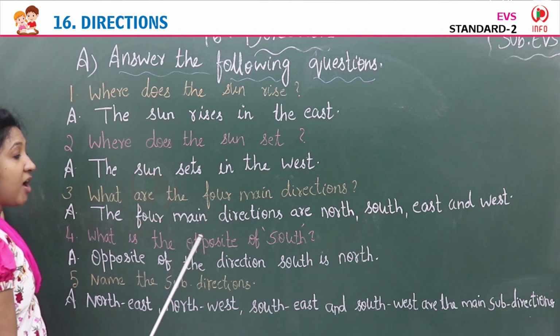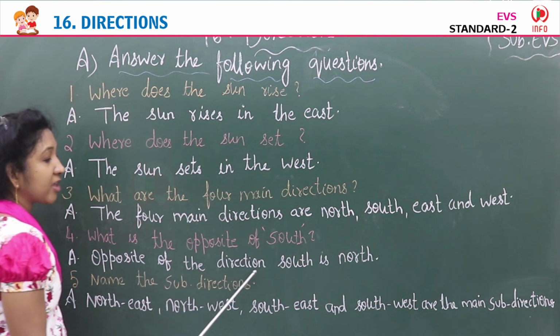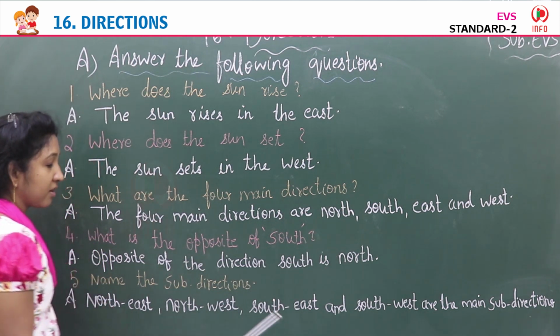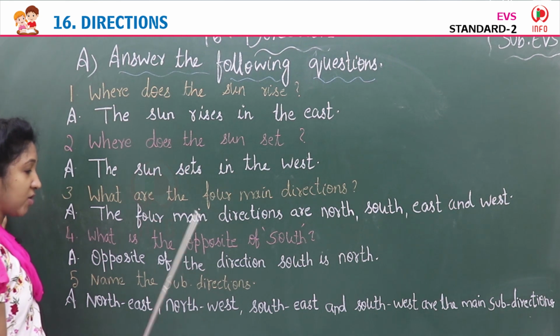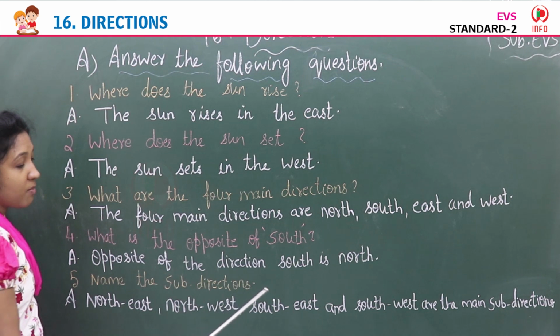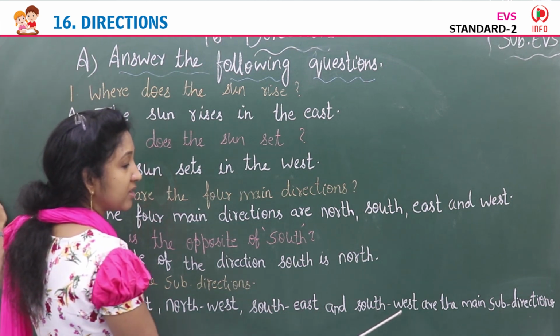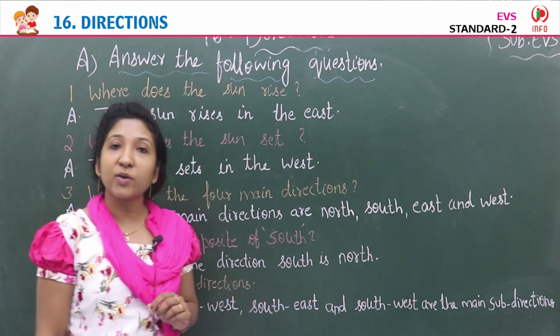Fourth, what is the opposite of south? Answer, opposite of the direction south is north. Fifth question, the last question, name the sub-directions. Answer, northeast, northwest, southeast and southwest are the main sub-directions. Okay?